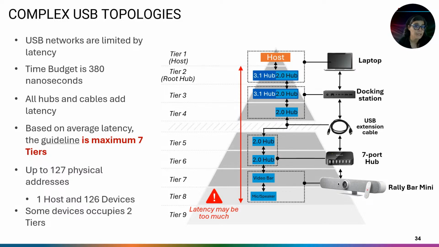Now, how many pyramids do you have? It's going to depend on your laptop or your PC. Each port will be its own topology, its own pyramid. So if you have a laptop with 2 different USB ports, each one of those is going to be its own topology.